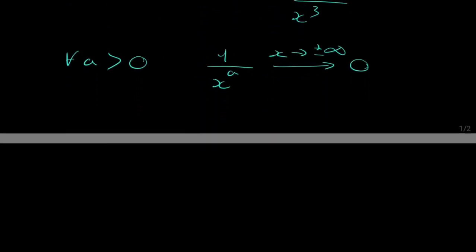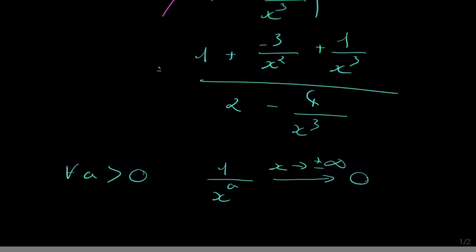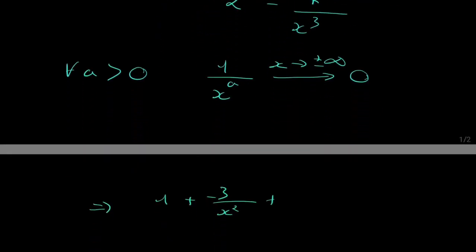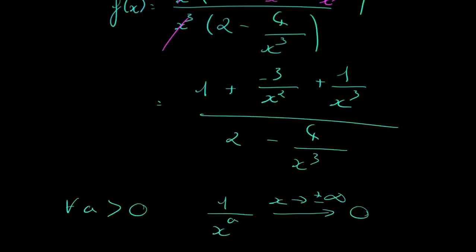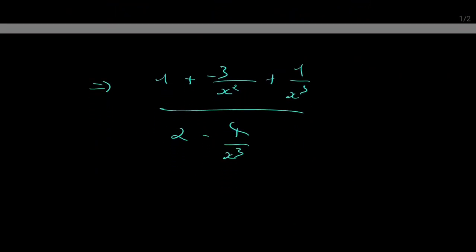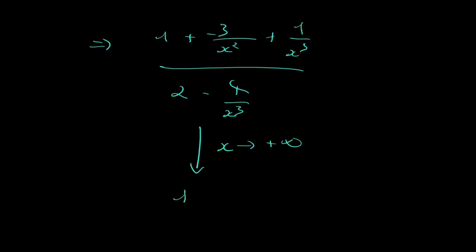And this implies that 1 plus minus 3 over x squared plus 1 over x to the third, over 2 minus 4 over x to the third, will tend, when x tends to plus infinity this time, to 1 plus 0 over 2 plus 0.